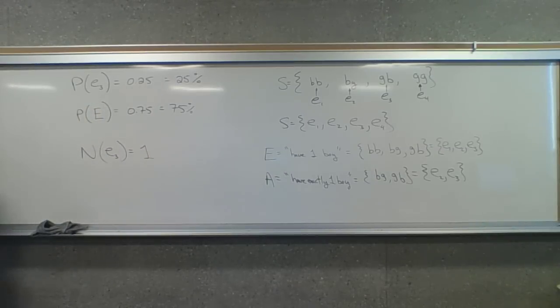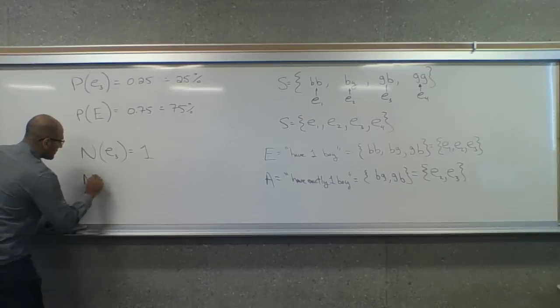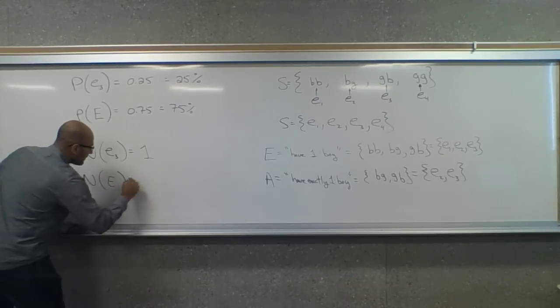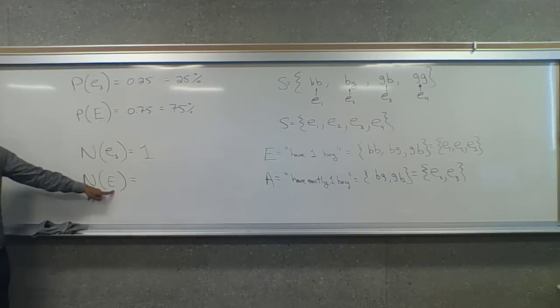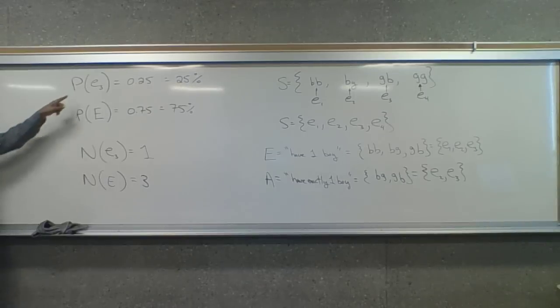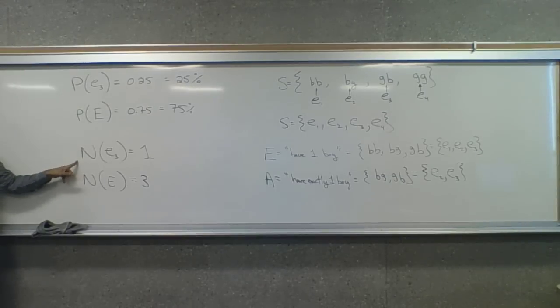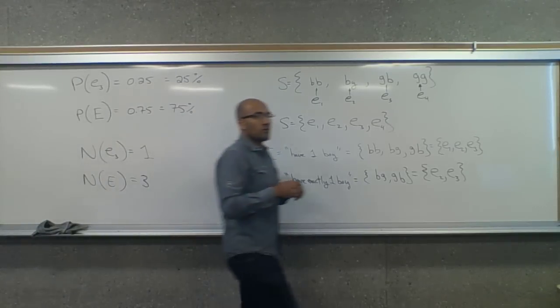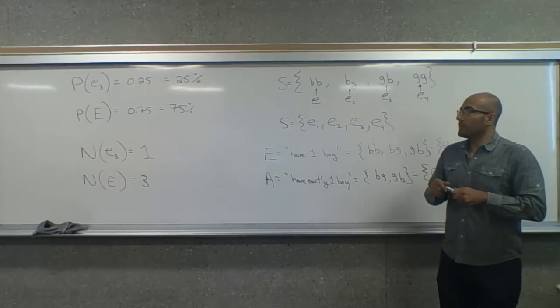In compound event E, how many outcomes were there in have one boy? There were 3 of them. So this is a probability, and this is a number of outcomes in the event. Any questions?